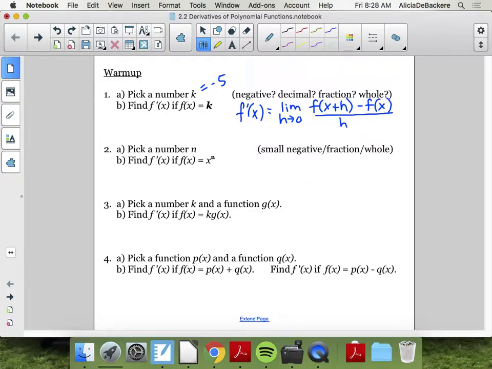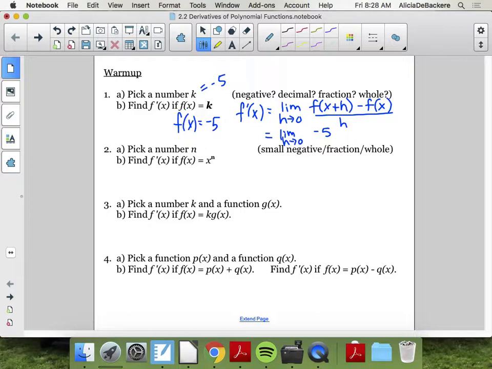But now when I'm subbing in x plus h into my equation, f at x equals -5, there's nowhere for me to sub in x plus h. So I'm going to just get -5.